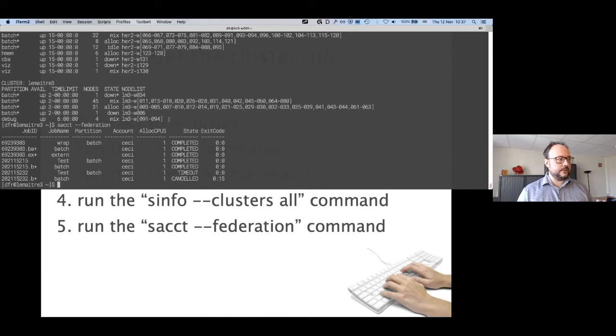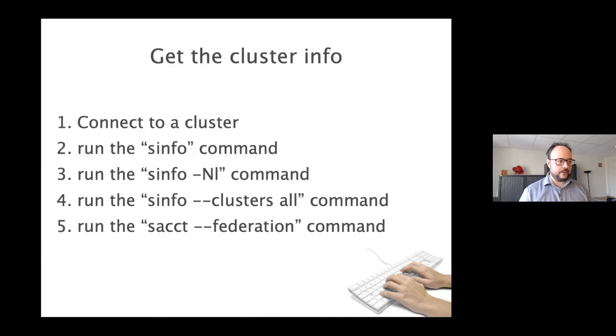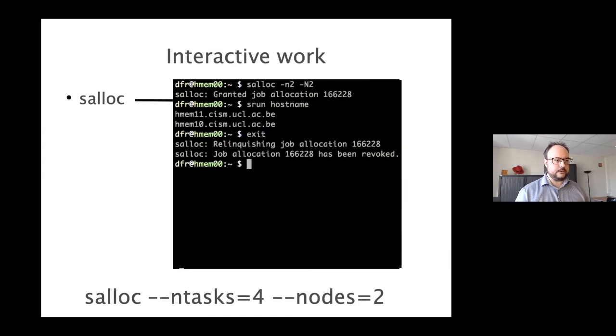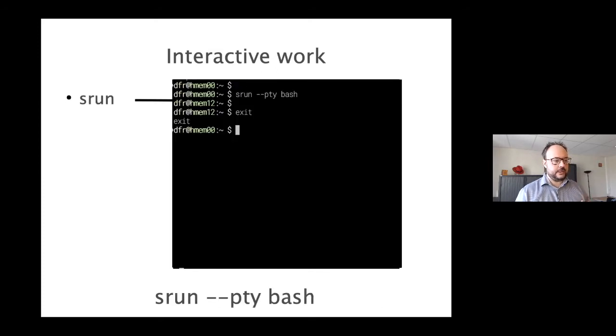So until now, we have seen how to submit jobs in a batch way. So you submit a job and then you do something else, and you come to see the result of the output later on. If you have a job that needs to be interactive, so if you need to submit a job and then be able to interact with the job, you need to use either the salloc command, but this one is a bit more complicated to use, and most of the time it's not necessary, and you can use directly the srun command.